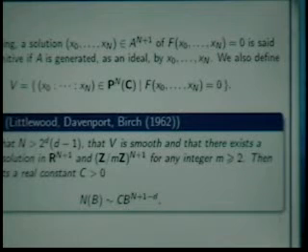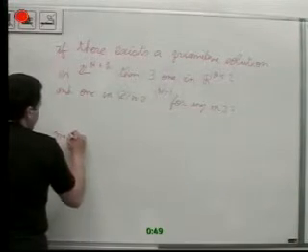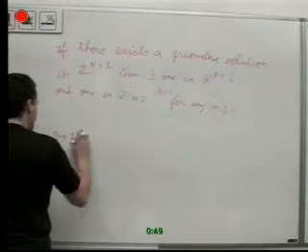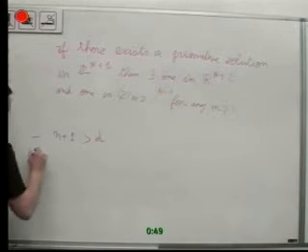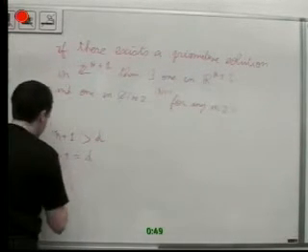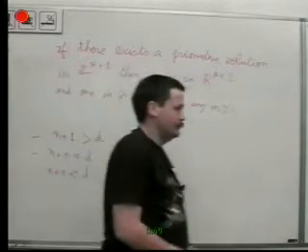So the trichotomy you may expect, I should erase somewhere. Let's erase here. So you should expect three types of behavior: either n plus 1 strictly bigger than d, or n plus 1 is equal to d, or n plus 1 is strictly less than d.